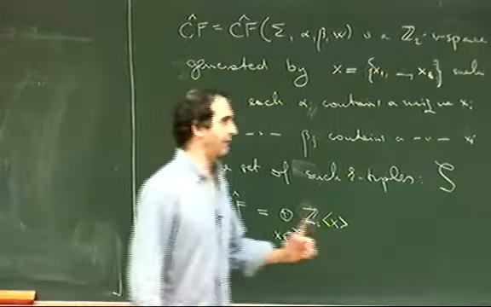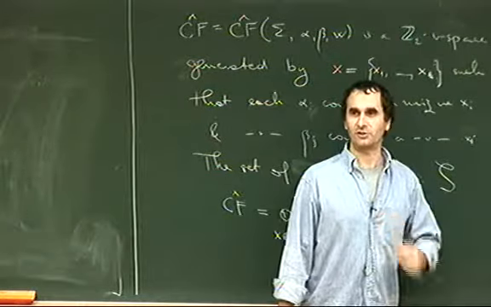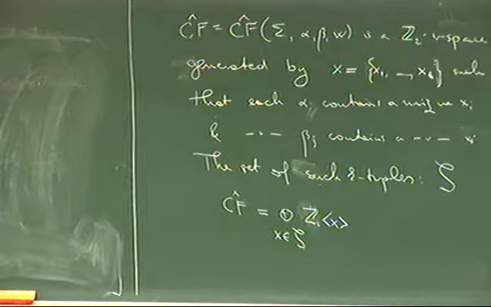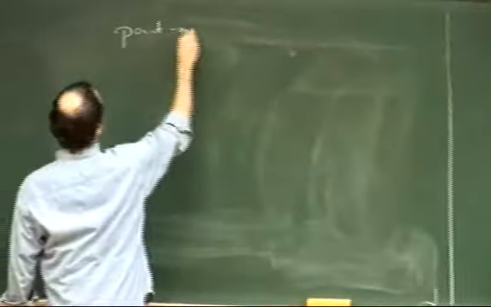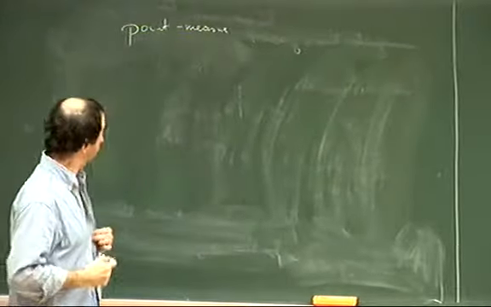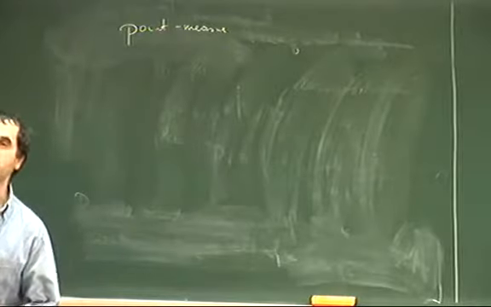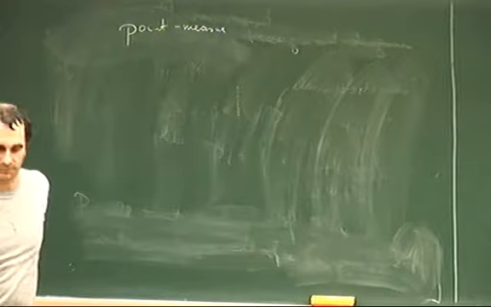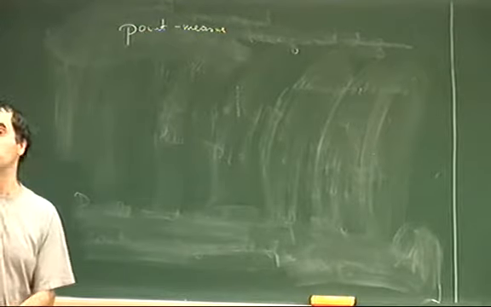No. So yeah, I have to specify some more conditions. So let me just finish. We also specified what the point measure is. You remember the point measure? Every intersection point has a point measure, which is just the average of the multiplicities of the 4 domains.